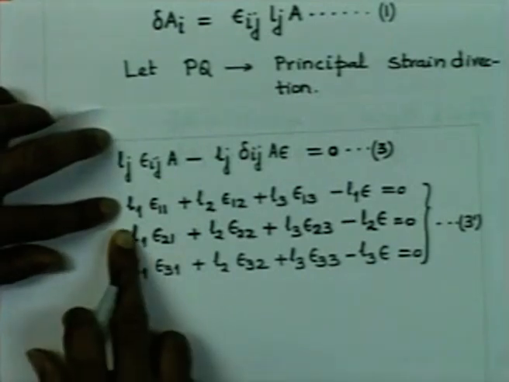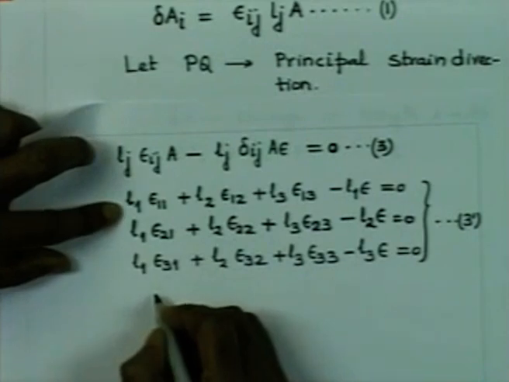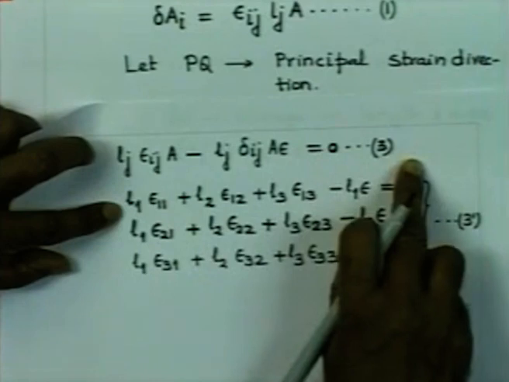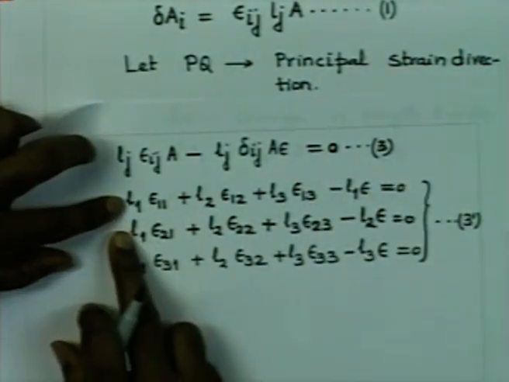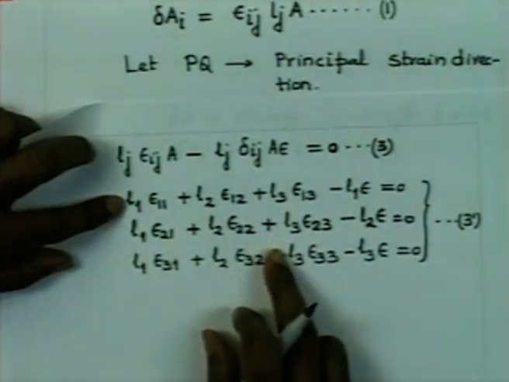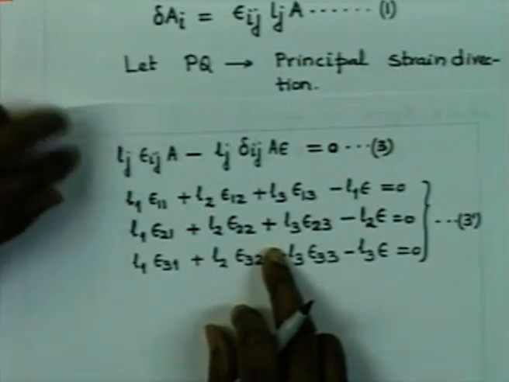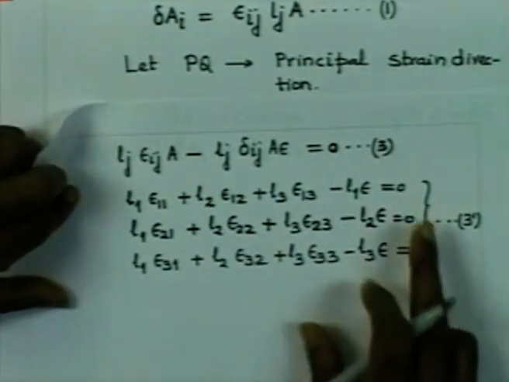Now, this can be written in a compact form, 3, and you see that herein L1, L2, L3 are the unknown constants, and this is a homogeneous set of equations, the right hand side is 0.